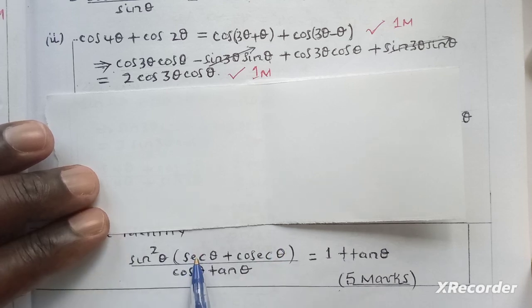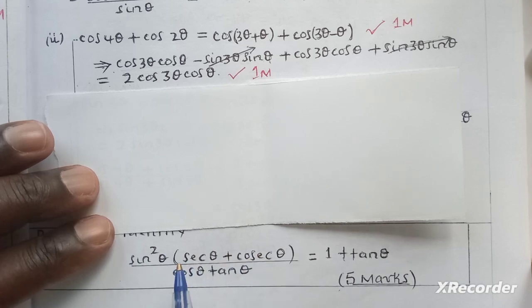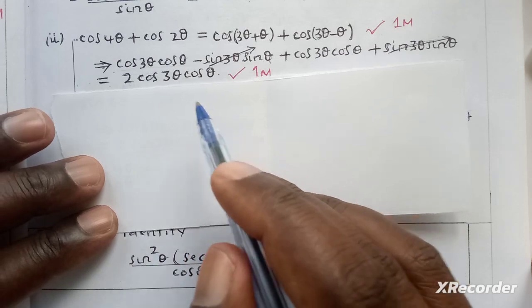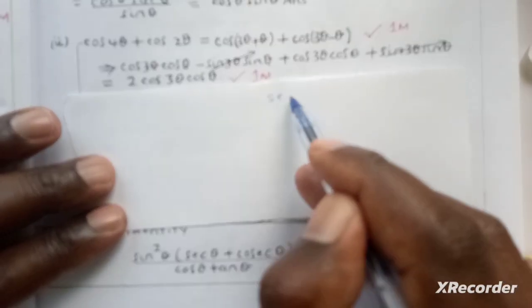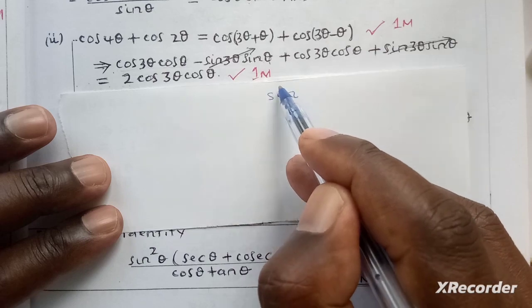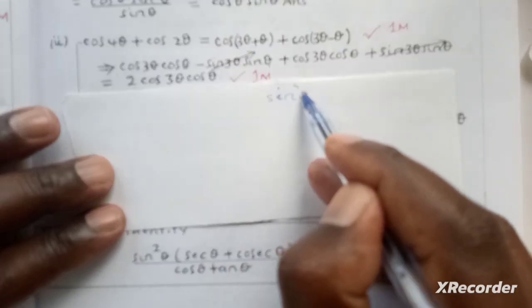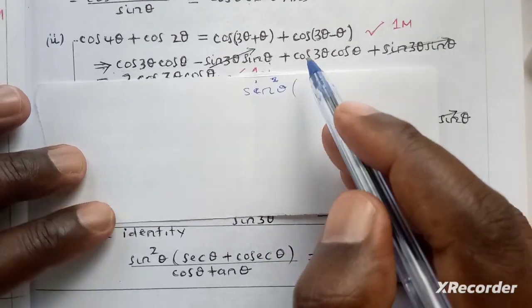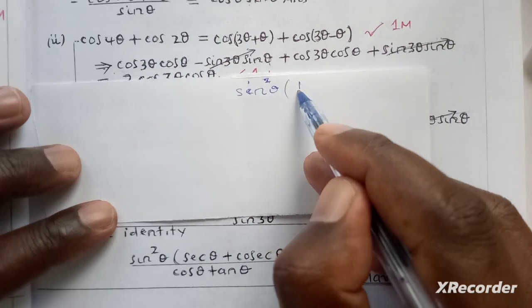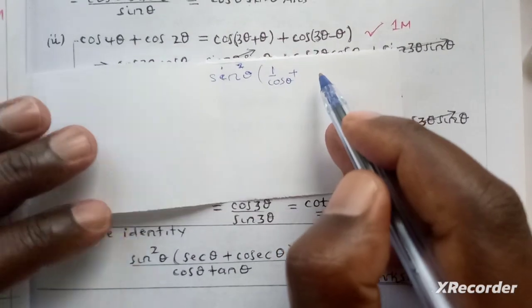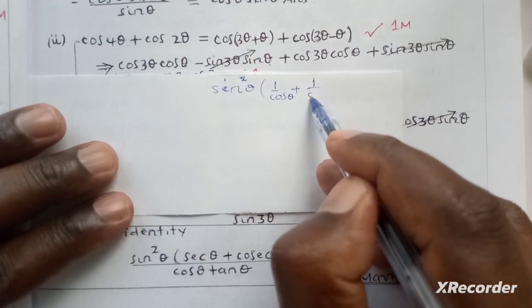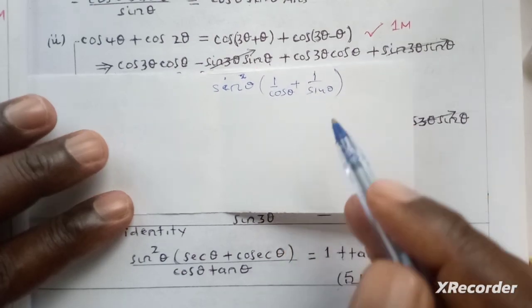I write 1 all over sine theta, 1 all over sine theta there, 1 all over cos theta. So it will be sec. It will be sine squared theta. Here I will write 1 all over cos theta plus 1 all over sine theta.